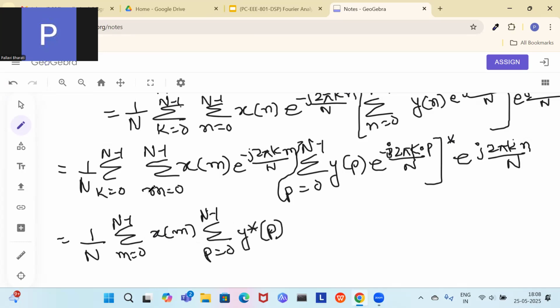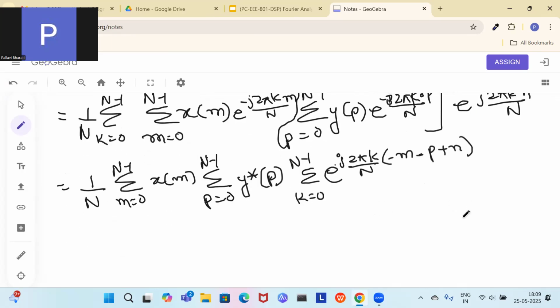Now this k equals 0 to N minus 1, I'll put here k equals 0 to N minus 1, and all the e to the power j 2 pi k by capital N. And see over here you have minus m, here you have minus p, and here you have plus n. Okay.